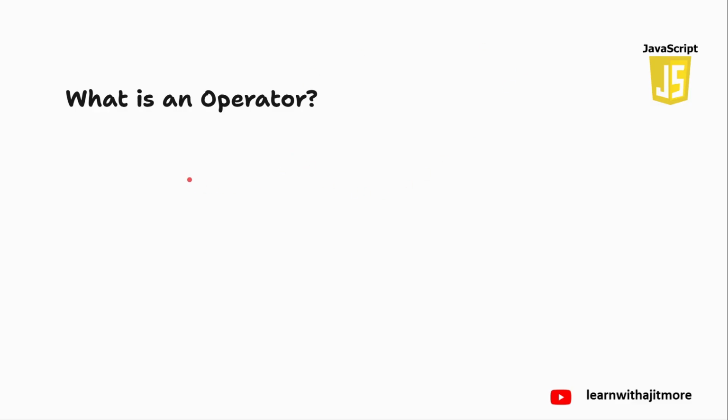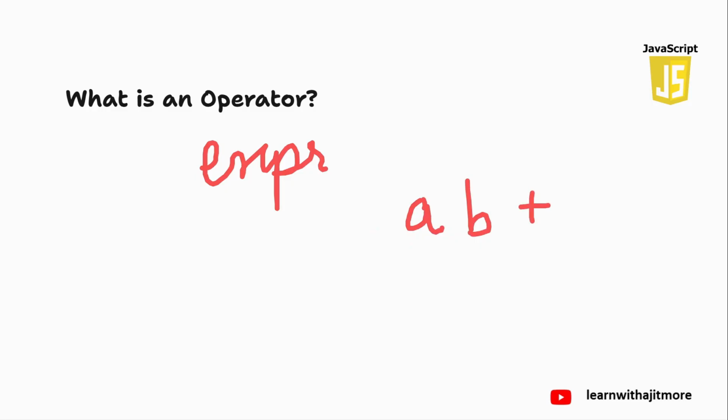Next, about expressions. So what is an expression? You can say an expression is a sequence of operands and operators, following some syntax. It is following some grammar; you're not writing it in any haphazard manner. Like if I write A, B plus, and if I'm writing A plus B, this is also a sequence of operands and operator, but this is not following any particular grammar.